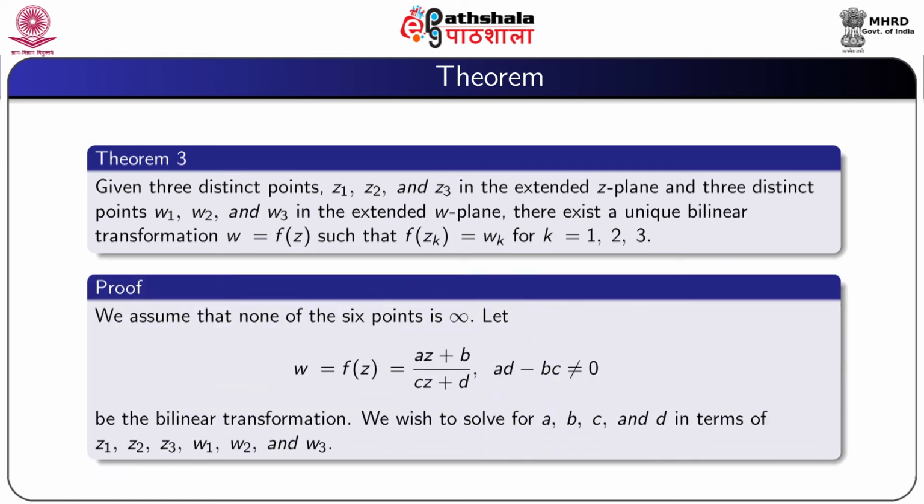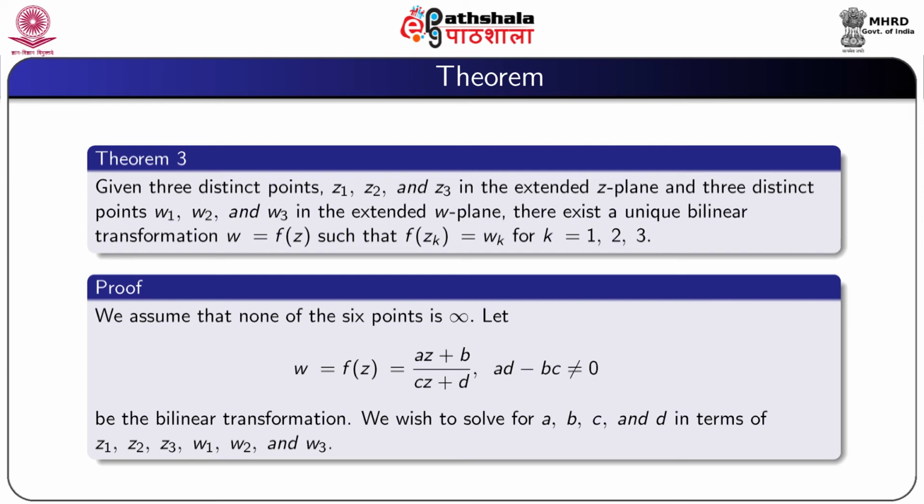So, proof: we assume that none of the 6 points is infinity. Let W equal to F(z) equal to (Az plus B) by (Cz plus D), where AD minus BC not equal to 0, be the bilinear transformation.